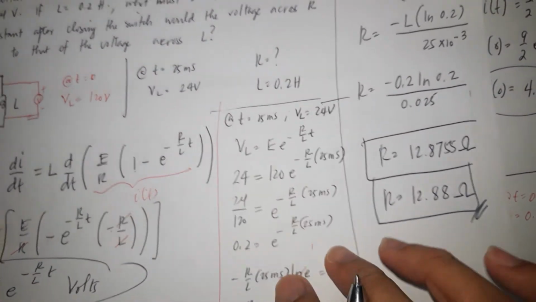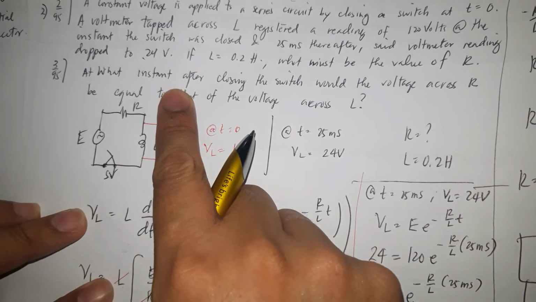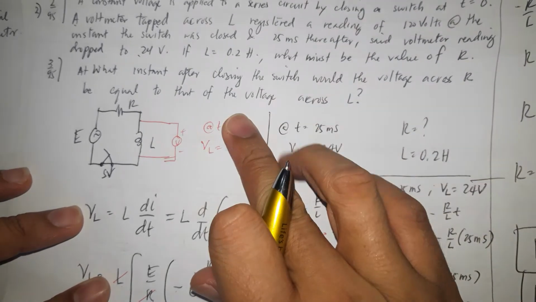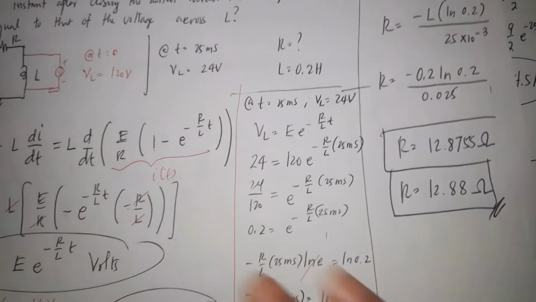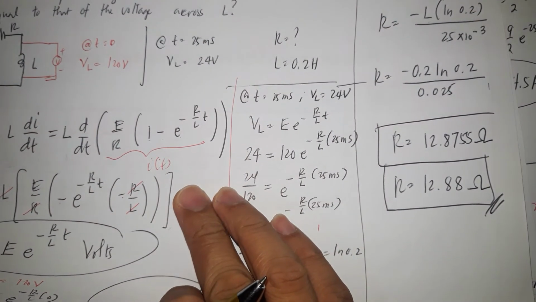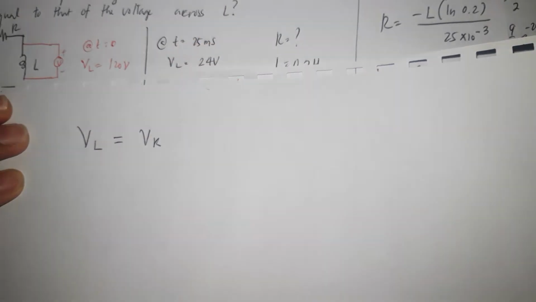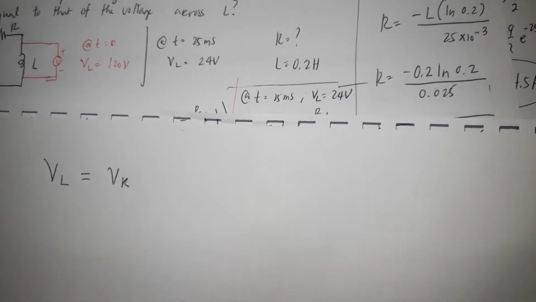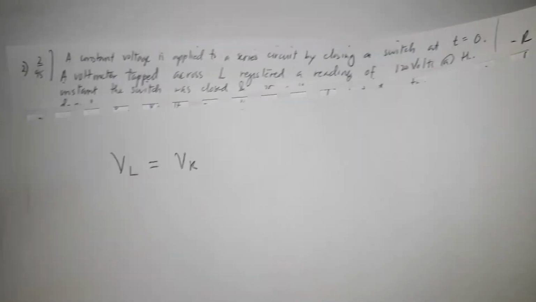R is 12.88. Now the question in number 3, page 95: at what instant after closing the switch would the voltage across R be equal to the voltage across L? So when will VL be equal to VR?